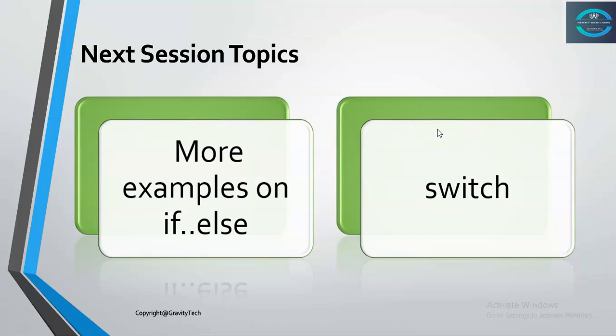So this is what I had for this video. So in the next video, we will continue with more examples of if, else if, and then the troubleshooting and debugging part, and how you can basically develop conditional quality C programs with the conditionals and the switch case.